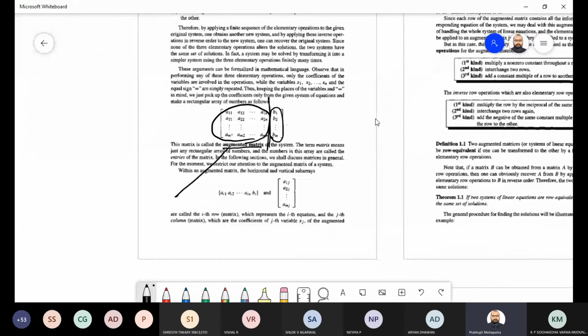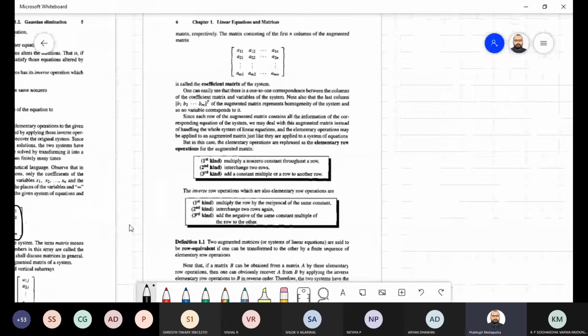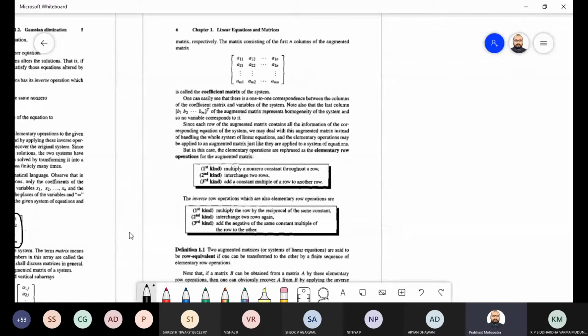So here it is mentioned. This is called the augmented matrix. We have already covered that there are three types of operations. Whatever operation we do with the equation, the same operation we can do with the matrix. That means we can multiply any constant to a row, because we can multiply any constant to an equation.